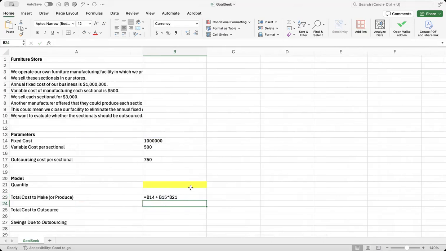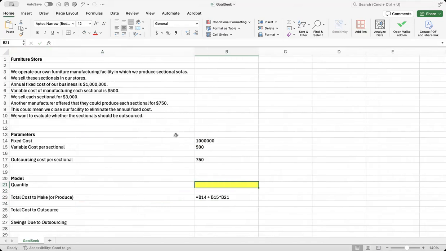So at this point, I don't have a specific quantity in B21 in my worksheet, but we can enter any numbers and Excel will calculate these automatically. And that's exactly the point I'm trying to make with this spreadsheet modeling example.